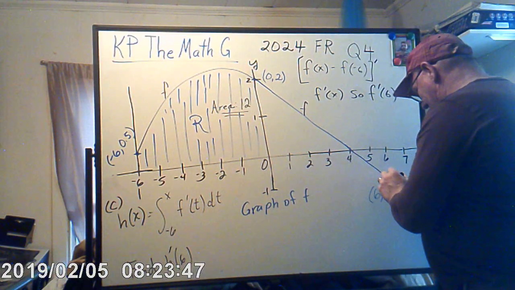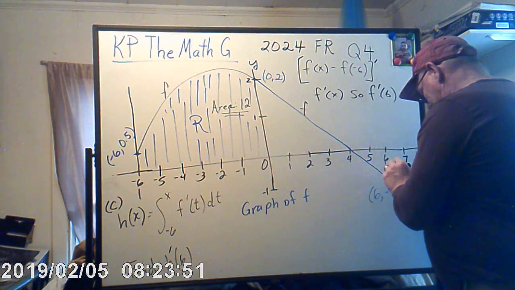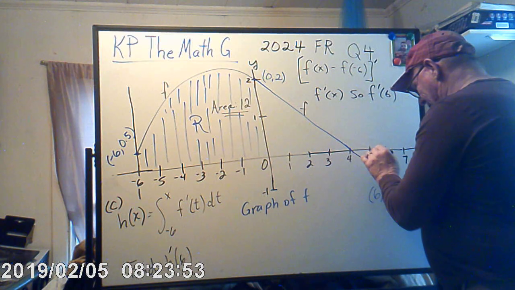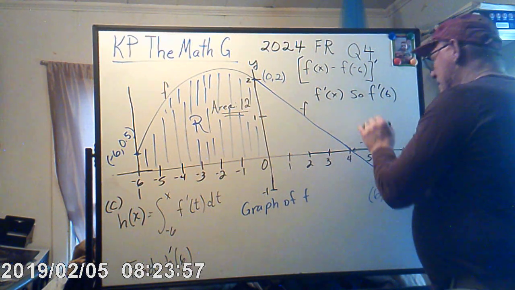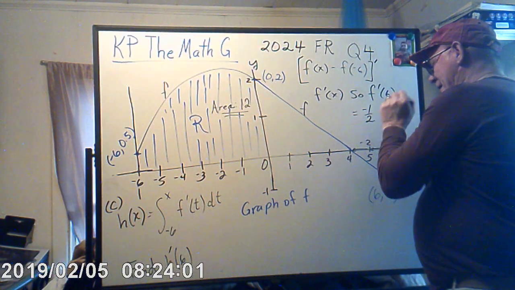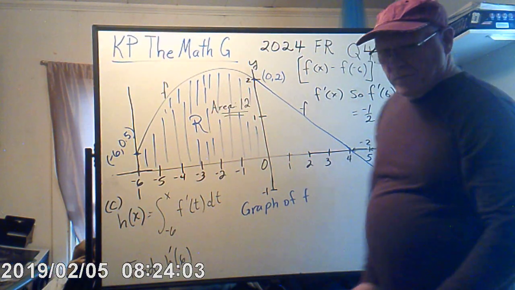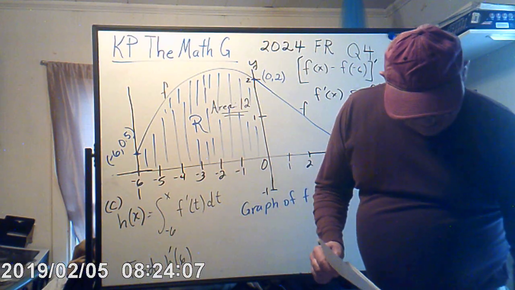We already found that a while ago: up 1 and left 2. So that's going to be equal to negative 1/2.